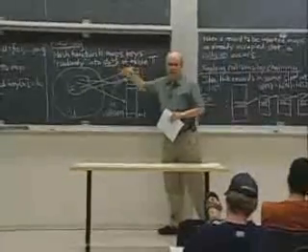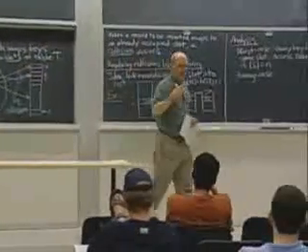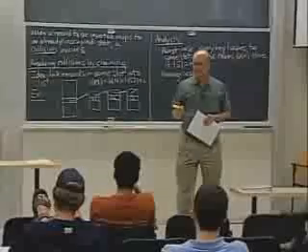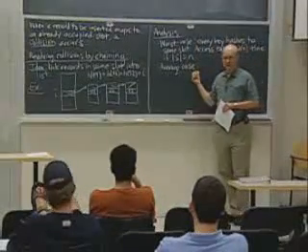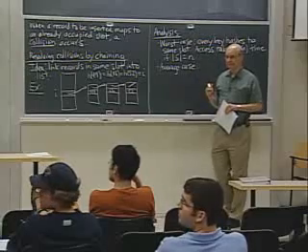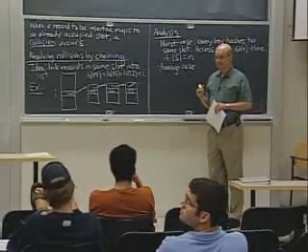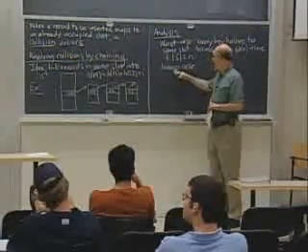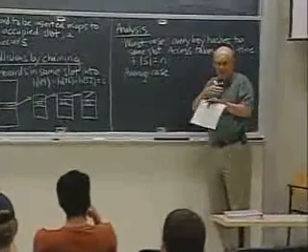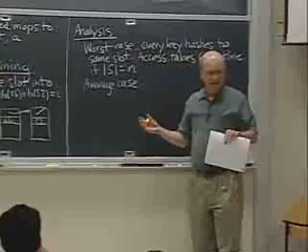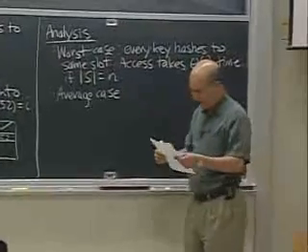But let's imagine an ideal hash function. What should an ideal hash function do? Yeah, map the keys essentially at random to a slot. It should really distribute them randomly.